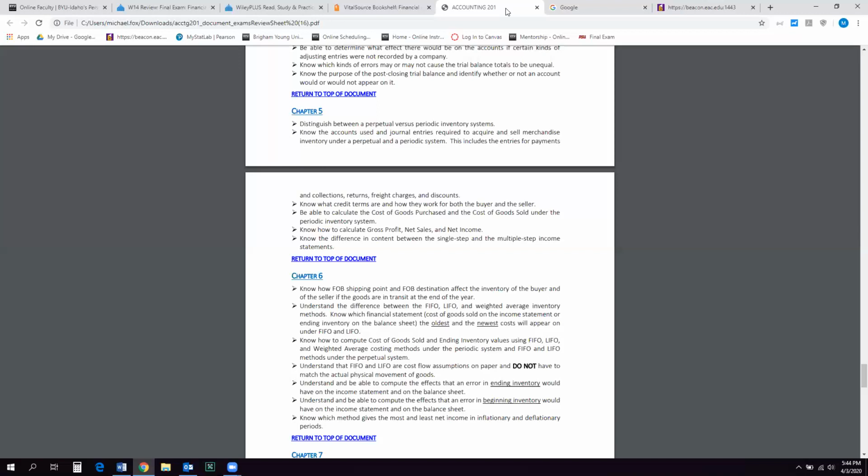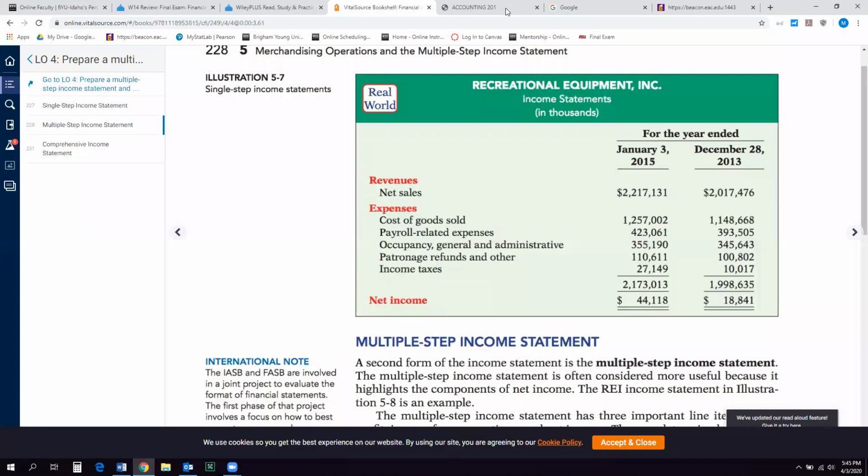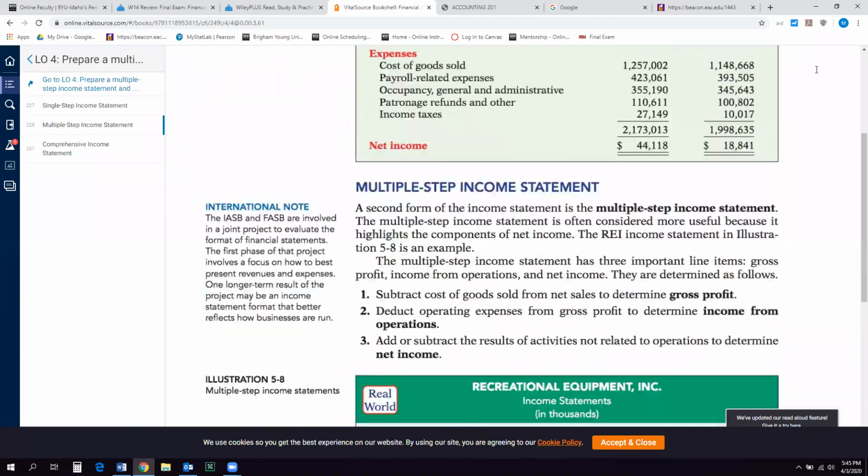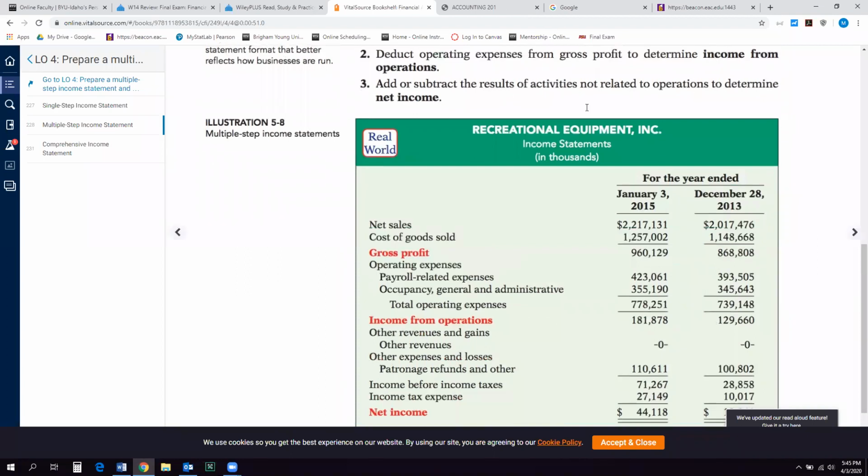Know the difference in content between a single step and a multi-step income statement. So again, let me pause this and bring up a picture of the two to help make that clear. All right, here you see that we have a single step income statement, which is just revenue minus expenses is net income, in essence. And then the multi-step statement, which has the net sales minus cost of goods sold is gross profit.